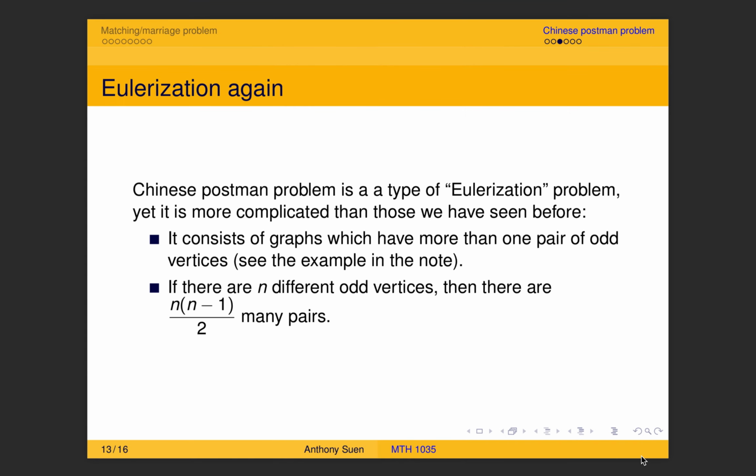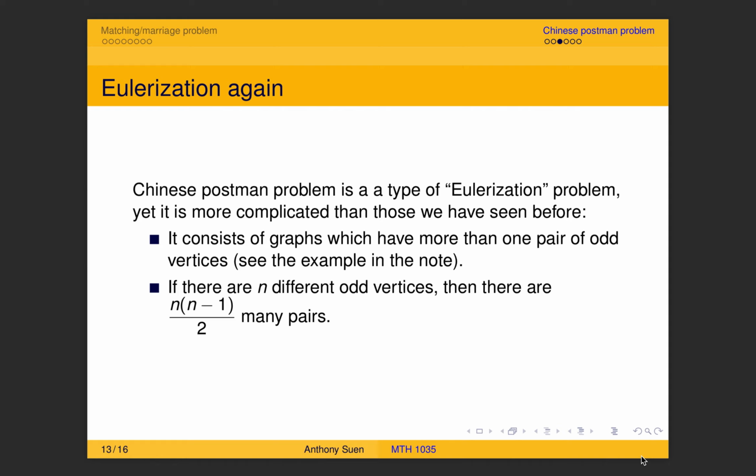Now, what exactly does this problem study? Actually, the Chinese postman problem is a type of Eulerianization problem, which is exactly what I told you at the beginning in the previous video. But we try to do the problem for some other graphs.